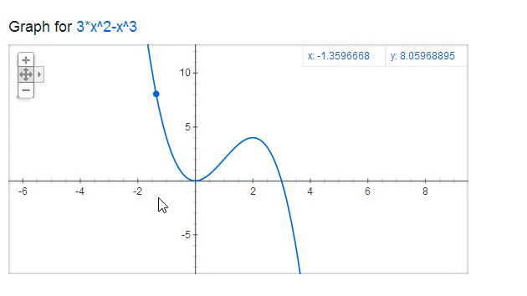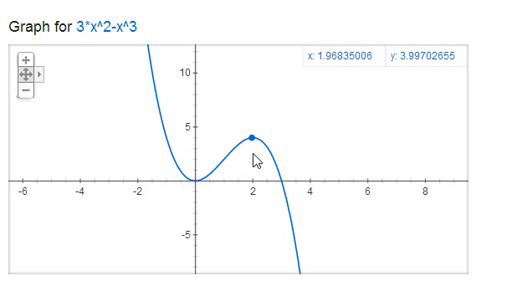Alright, we are studying relative extrema. This is the function that we're going to be looking at in this next problem. I went ahead and graphed it out on Google Graph. As you can see here, there's going to be a minimum that's going to occur right here, it looks like at 0, 0, and there's going to be a relative max, also sometimes known as a local max and a local min.